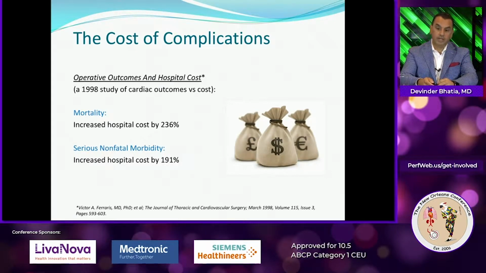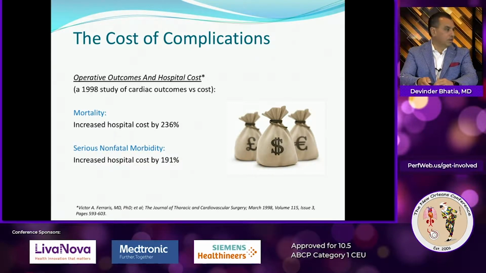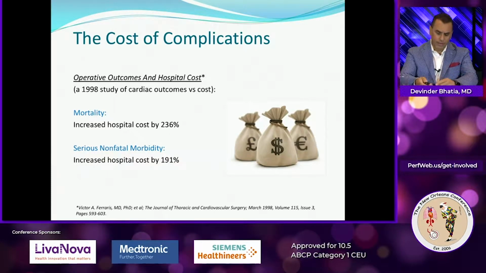And then again, in patients who are hurt but don't die, who basically have a serious non-fatal morbidity, that cost goes up by almost 200% as well. The point of this is that if you do a good job and you are happy with your grafts and you've proven that, then the chances of these things happening are very low.